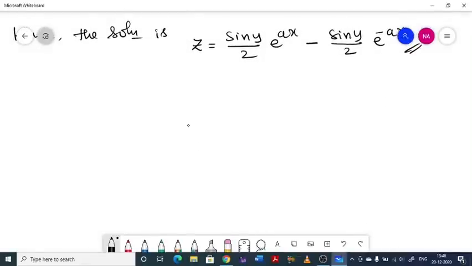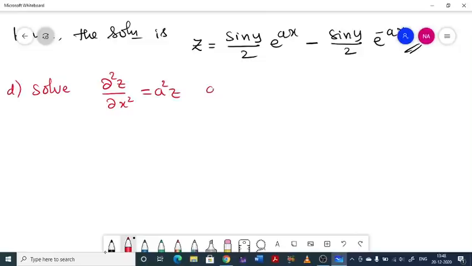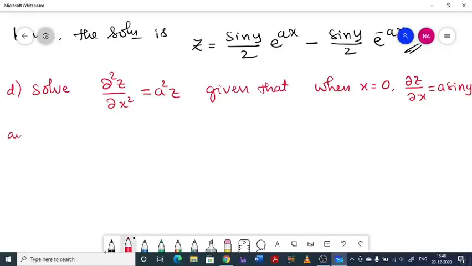Now there is one more problem exactly similar to this. Try to solve this one. Solve dou square z by dou x square equal to a square z. You have the same equation, given that when x equal to 0, dou z by dou x equal to a sin y, same conditions, and dou z by dou y equal to 0.